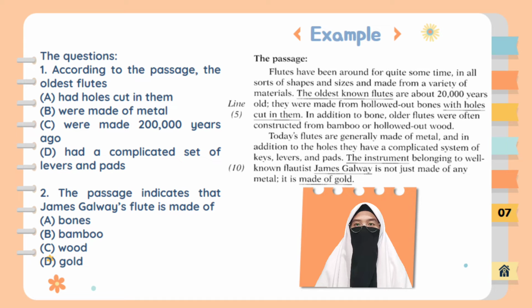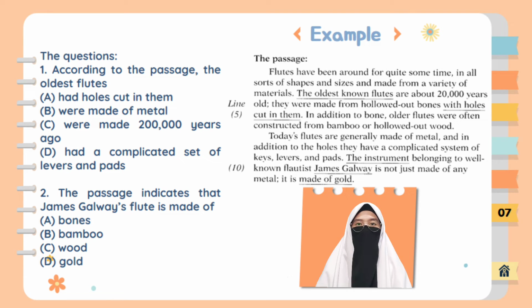The oldest known flutes are about 2000 years old. They were made from hollowed out bones with holes cut in them. In addition to bone, older flutes were often constructed from bamboo or hollowed out wood.